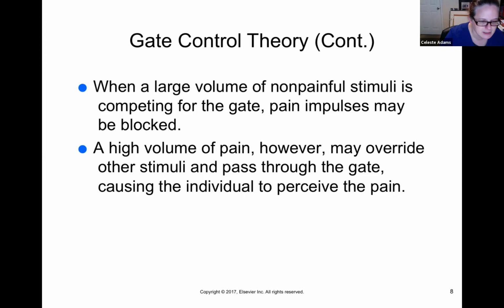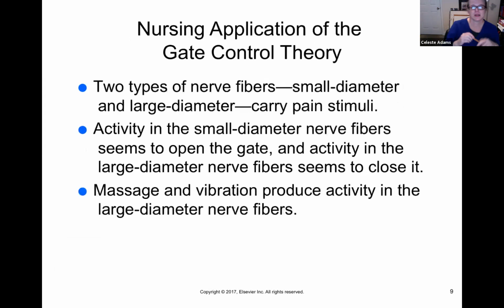Next, right? Nursing application of the gate control theory, okay? So we have two types of nerve fibers, small diameter and large diameter, okay? They both carry painful stimuli. The small diameter nerve fibers carry pain stimuli, and the large nerve fibers carry pain stimuli. Okay.